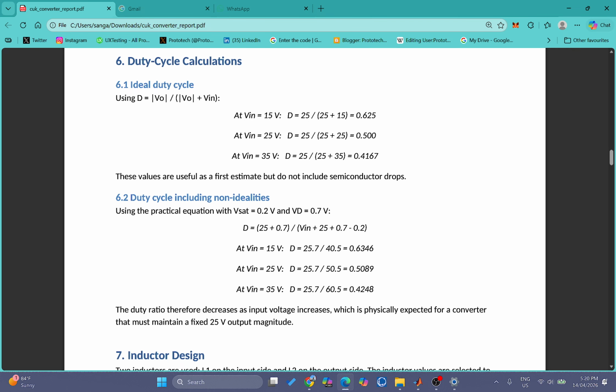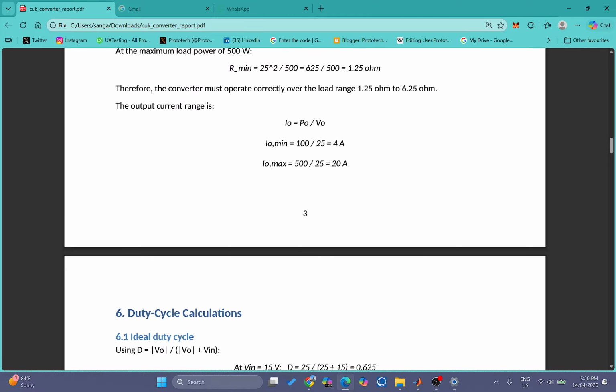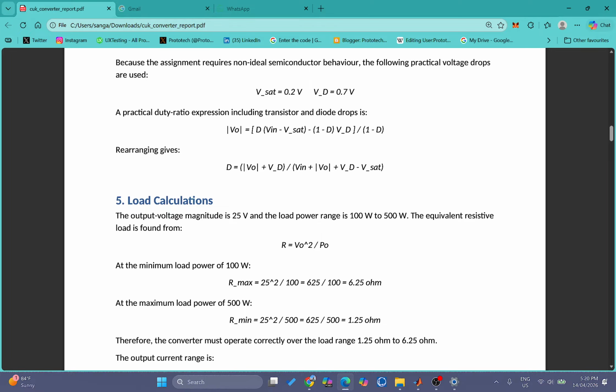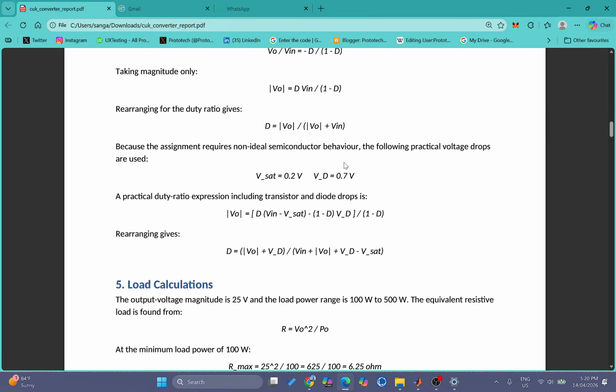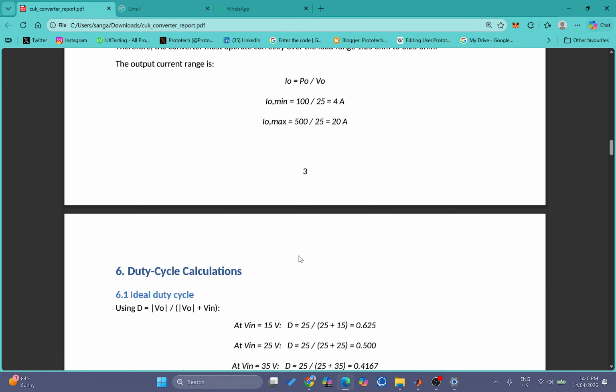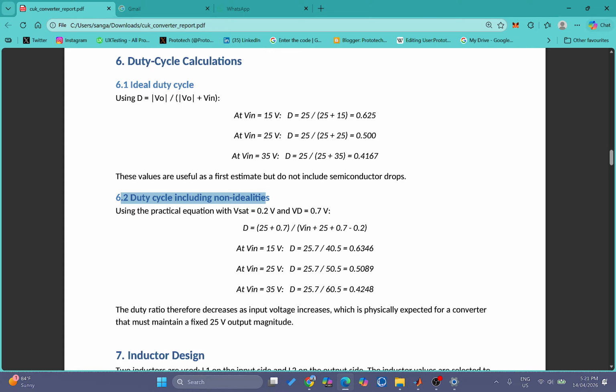Now we also have to consider the duty cycle including the non-idealities, with the non-ideal voltage drop behavior of the diode and the switch.